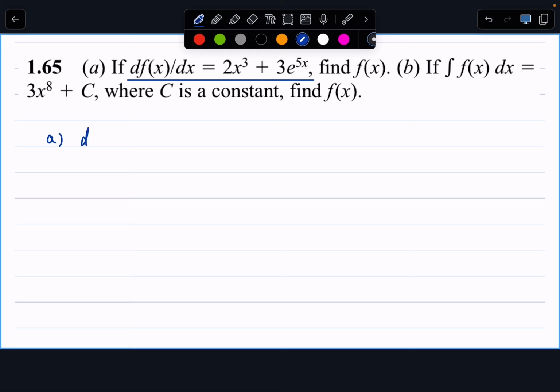So what we end up having is the differential of the function f(x) equals (2x^3 + 3e^(5x)) dx. The question asks us to find what f(x) is. Now the answer becomes quite obvious: what we're doing is taking the integration on both sides.